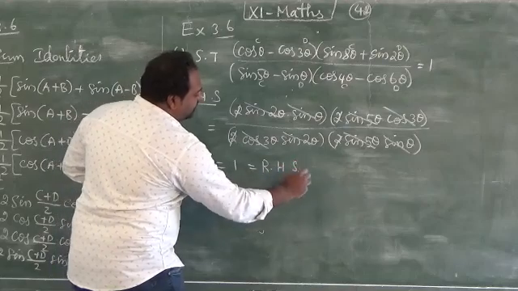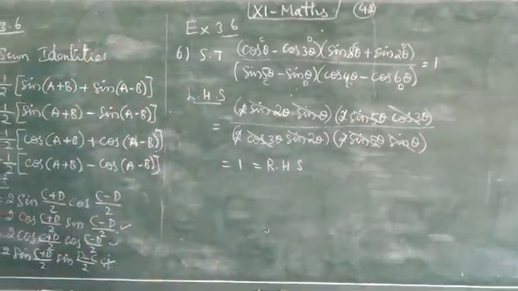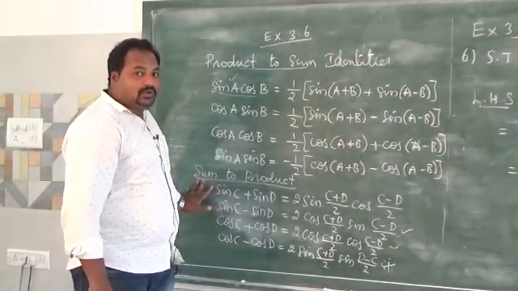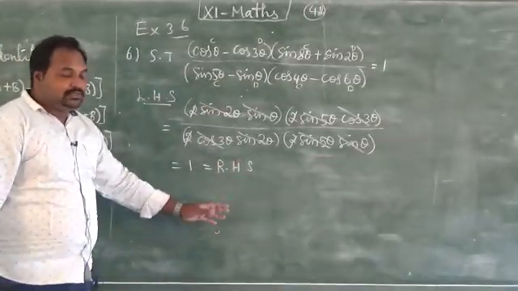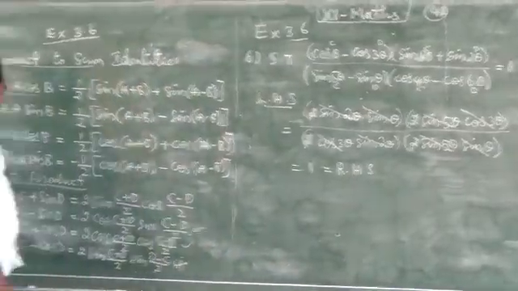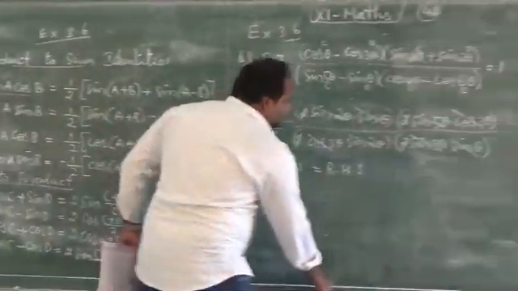In a single step we got the answer, but it is not easy other than with sum to product identities. Otherwise, it is not easy to solve in a single step. So here very essential is sum to product identities. So problem number 6 is over.